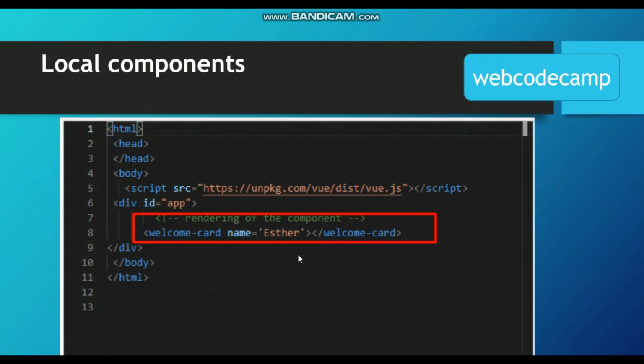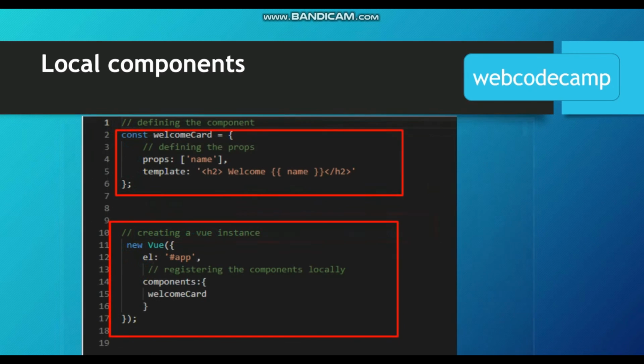Here we will show a local component. In the example, the welcome card component is the rendering of the component. It is registered locally in the instance, so it can only be used in that Vue instance. Then you will see defining the component, the template and props. So what are props?